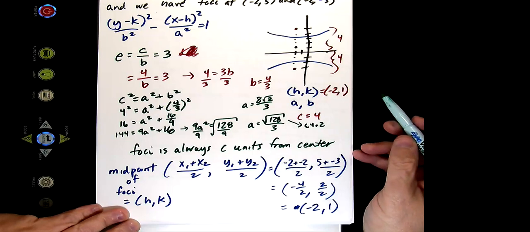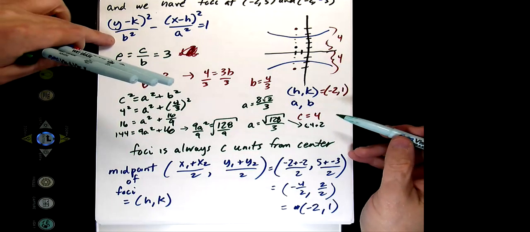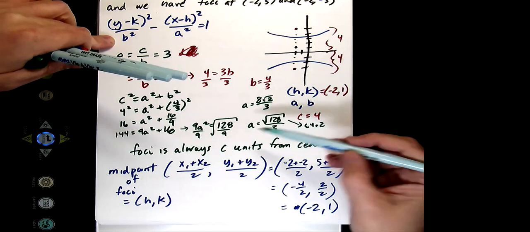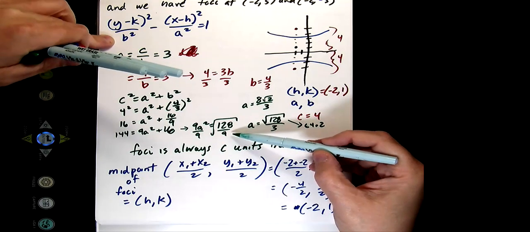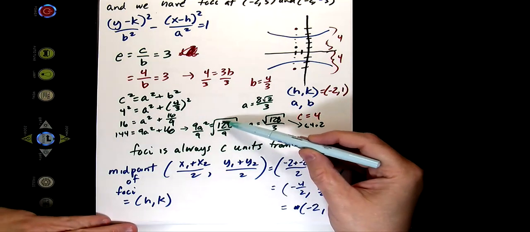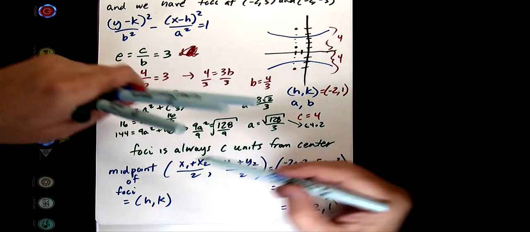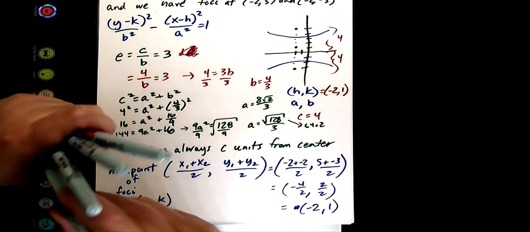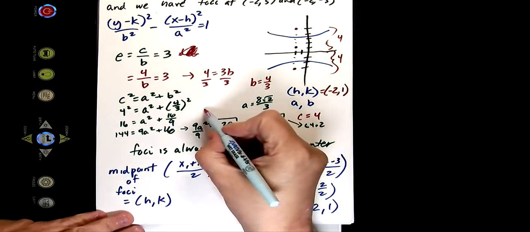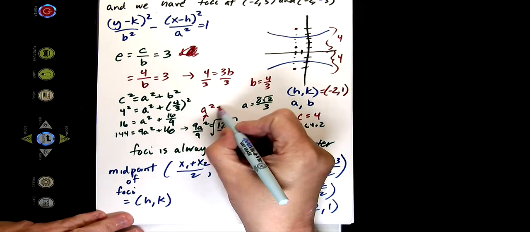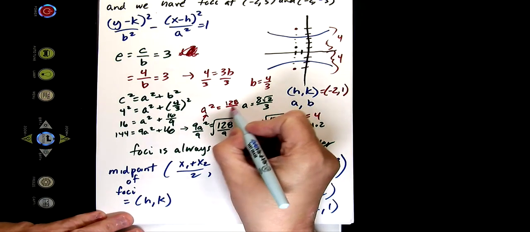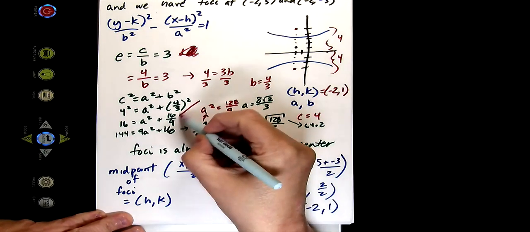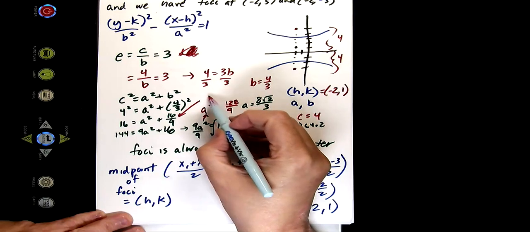I don't know how helpful that is. What I actually really need for this equation is a squared and b squared. So I don't need to worry about this so much. I just need that 128 over 9. So a squared, before I took the square root, was 128 over 9. And I got my b squared right there. B squared is 16 over 9.